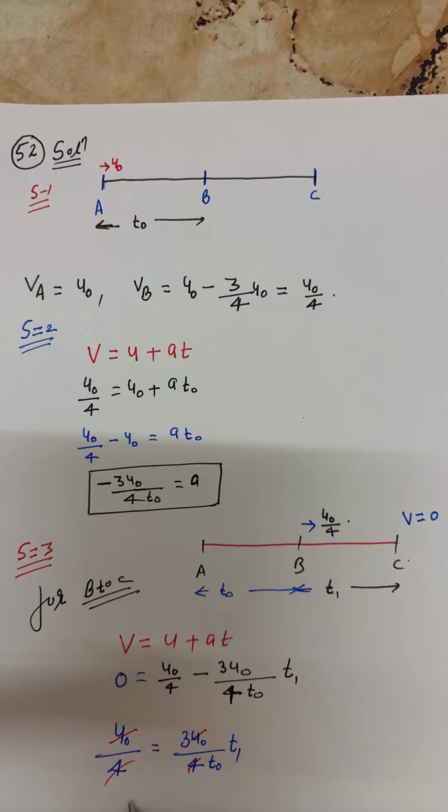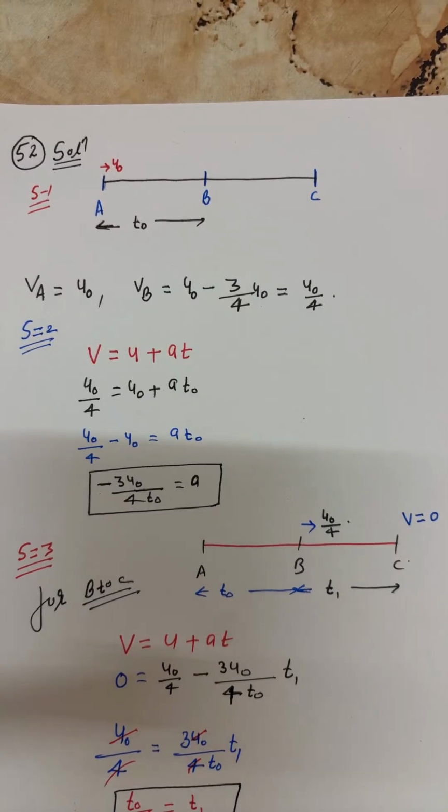So T naught by 3 is equal to T1. Now finally I found the time taken by the particle to travel from B to C.